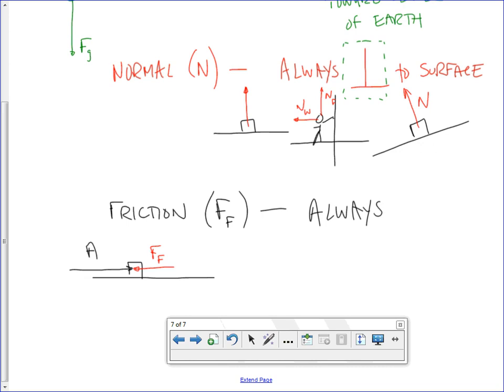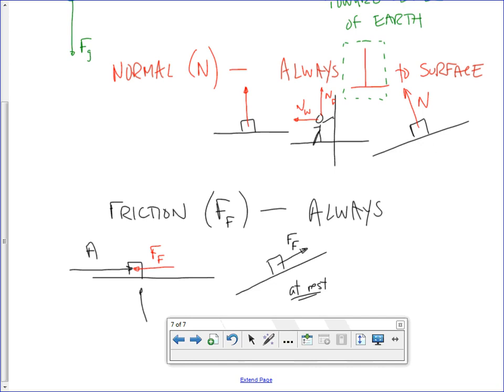Let's say there's an object at rest on an incline. Well, how can that happen? It can happen if there's enough friction that points, in this case, up the hill. Here's a case where friction acts on a moving object. Here's a case where friction keeps an object from moving.